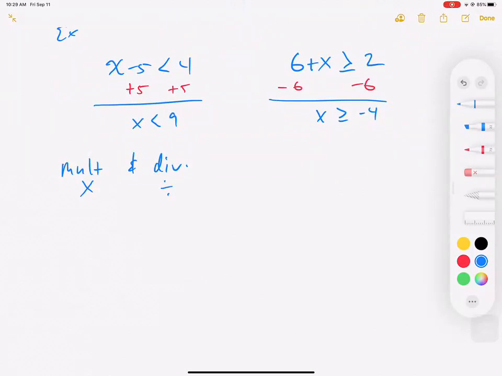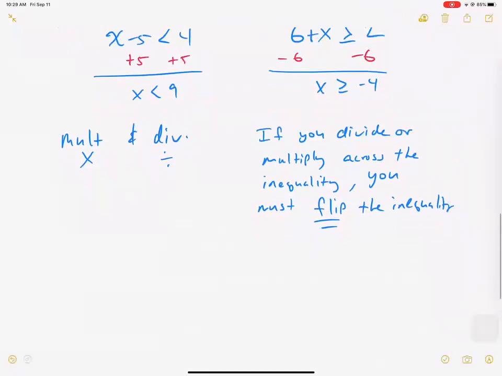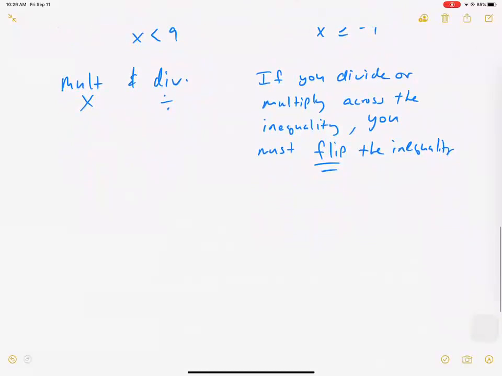And the rule is this: if you divide or multiply across the inequality, you must flip the inequality. If you divide or multiply across the inequality, you must flip the inequality.